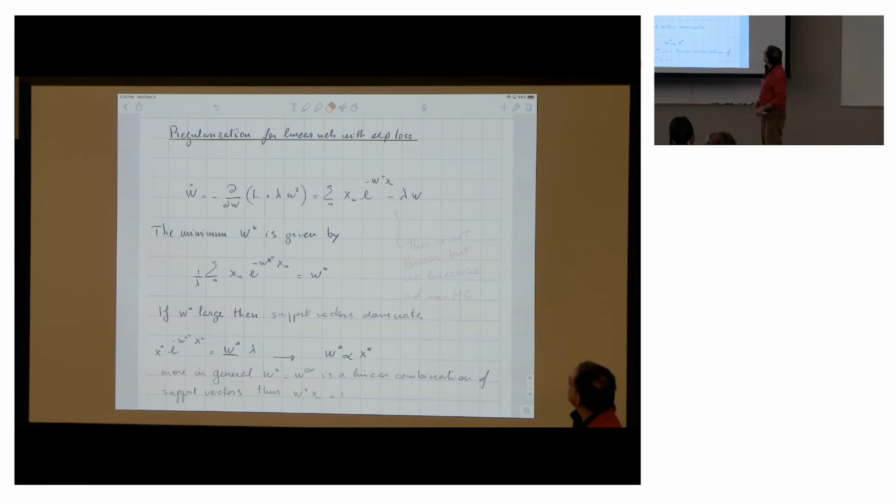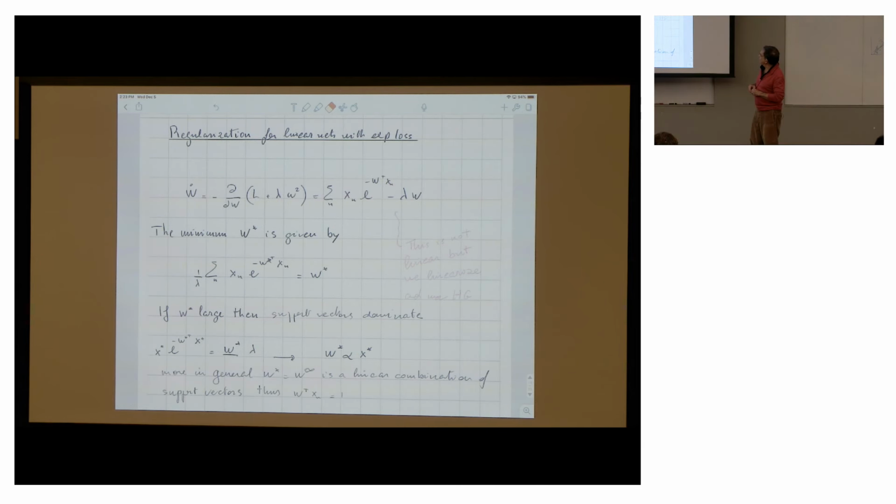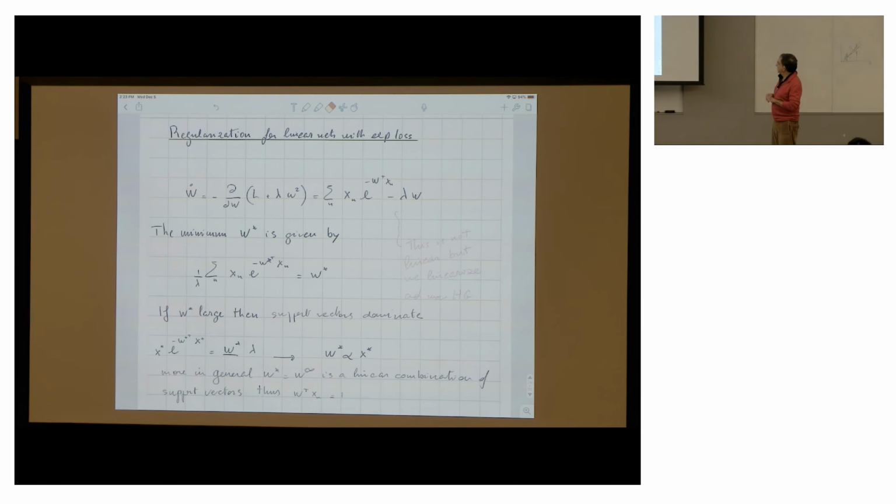But before doing this, we can check what happens if, in the case of the exponential loss, I add a regularization term, again with the idea that I may want to then look at the limit for lambda equals 0.